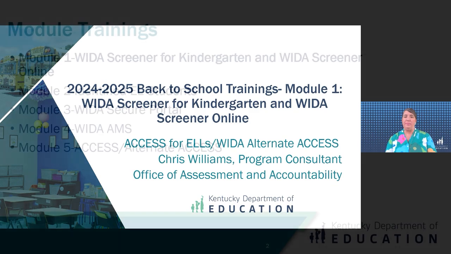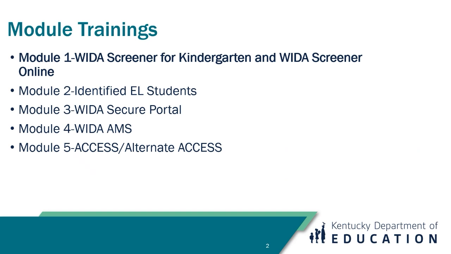Let's begin. We've got several modules that we're going to be doing for back to school trainings this year for Access and Alternate Access. Our first module today is going to be the WIDA Screener for Kindergarten and WIDA Screener Online. The next module is Identified EL Students.